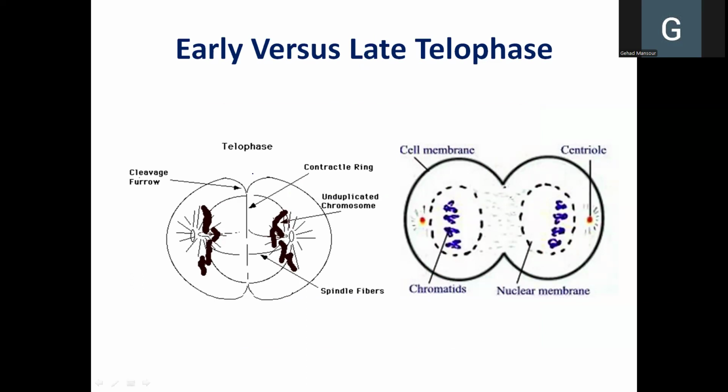So in late telophase, if this is an animal cell, the separation between the two daughter cells will be completely different. We will have a waist here, or a constriction, as you can see, that is done via actin filaments.